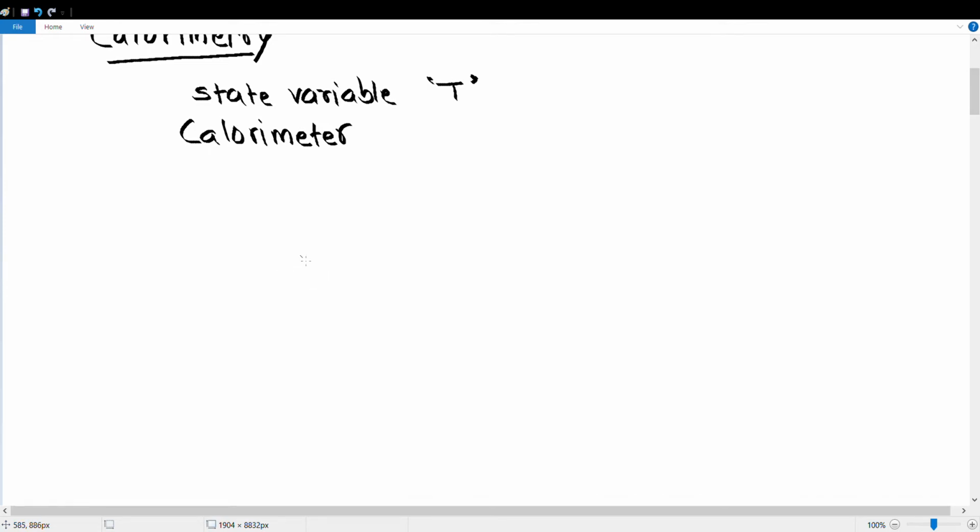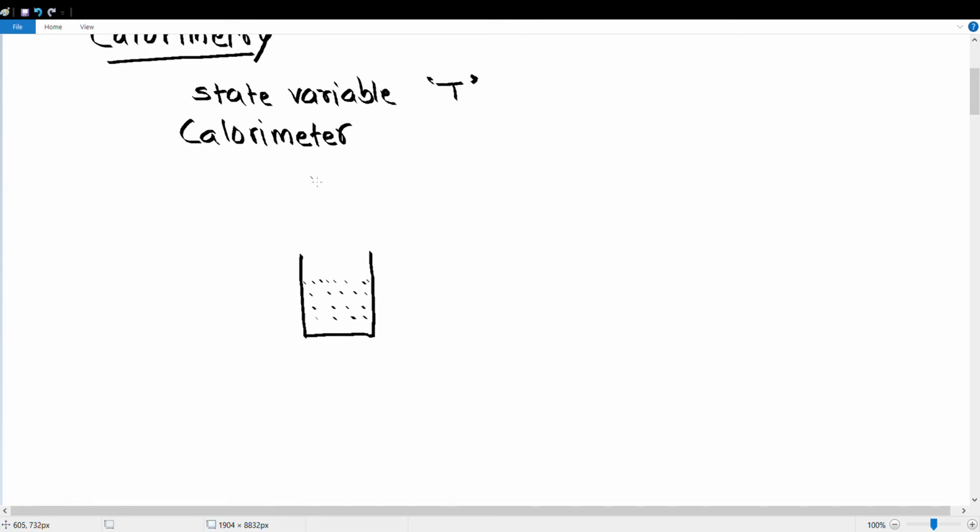It consists of a cylindrical metal vessel like this. This cylindrical metal vessel is filled with water about its 2/3 portion.